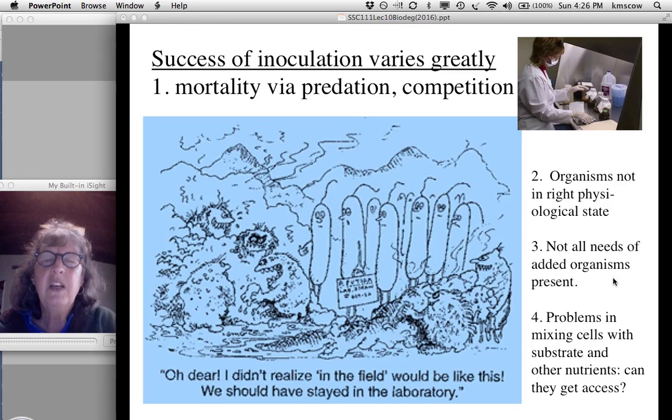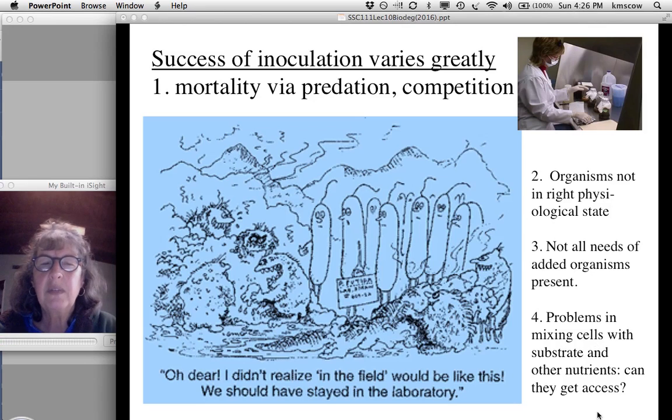And then sometimes when you compare the inoculated with the electron acceptor plus nitrogen to just the electron acceptor and nitrogen but no inoculation, there's not really any difference, because what they needed all along was the nitrogen and the electron acceptor, not the organisms. And also access.